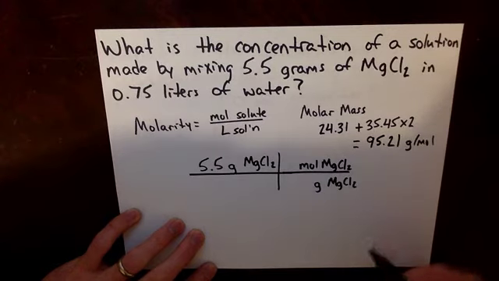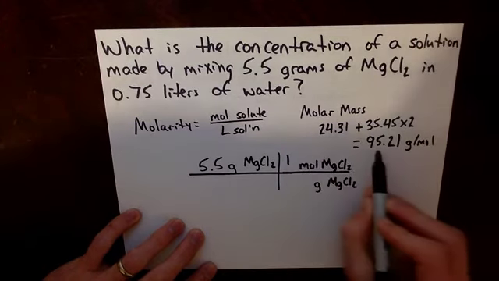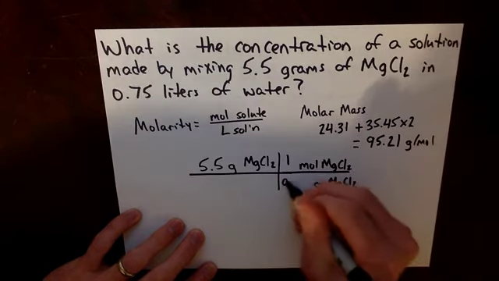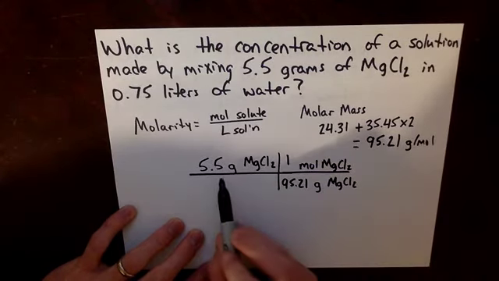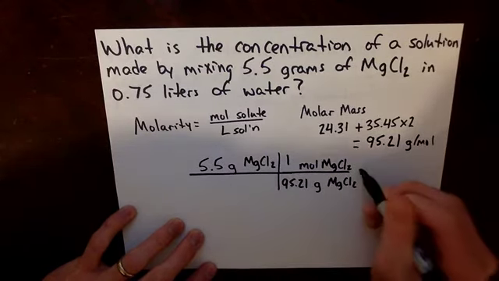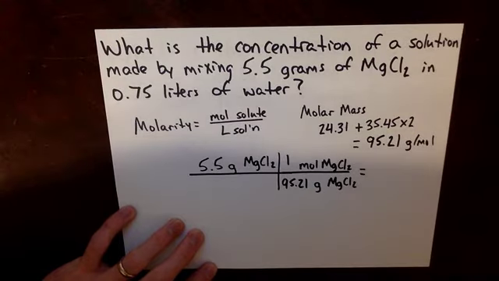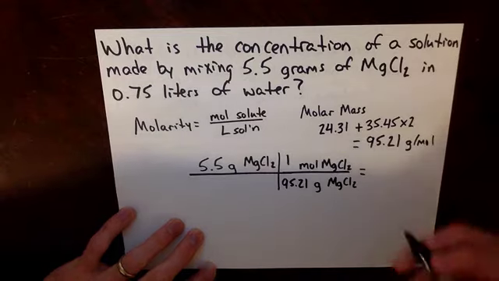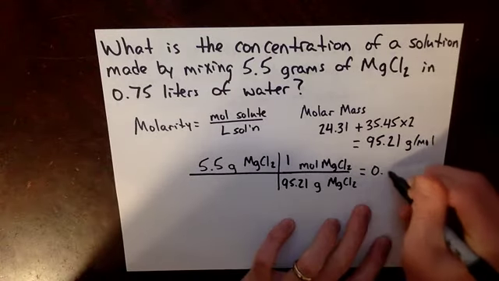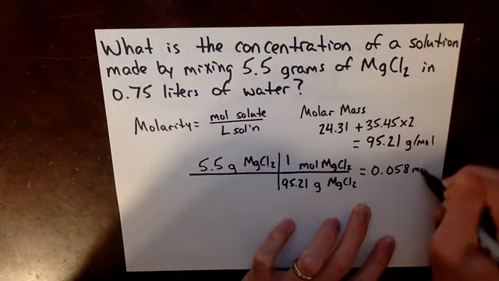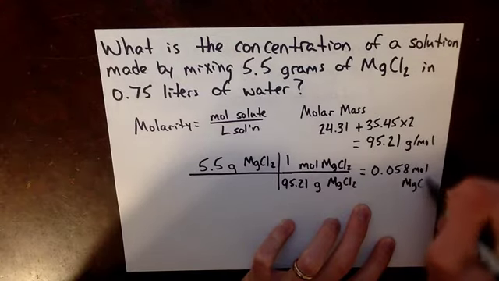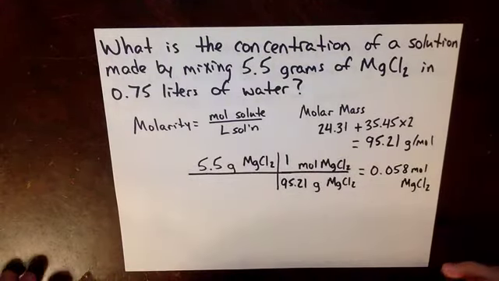So now I just need to make my true statement. 1 mole, we said from here, weighs 95.21 grams. So multiply across the top, divide on the bottom, and you wind up having 5.5 divided by 95.21, which is 0.058 mole of MgCl2.